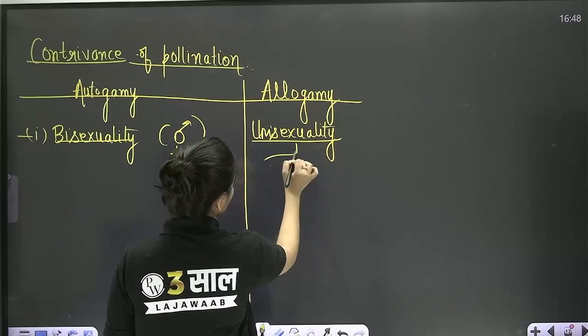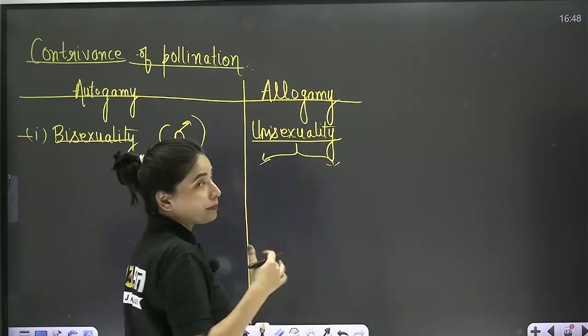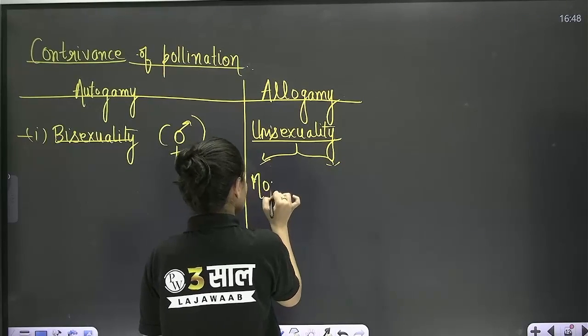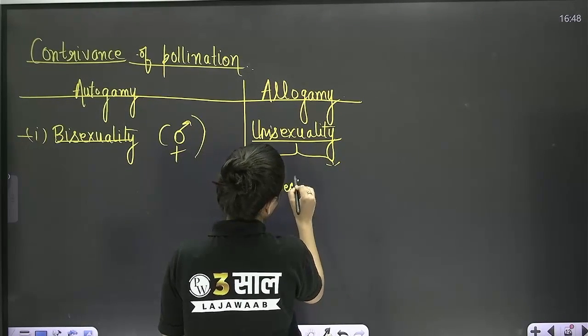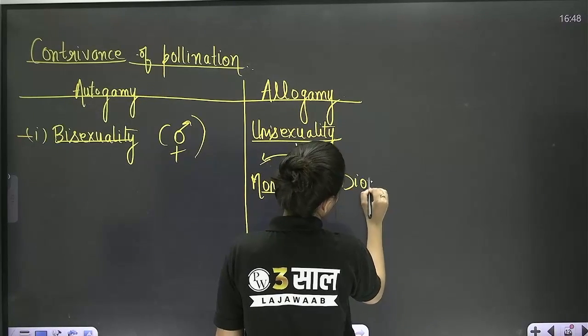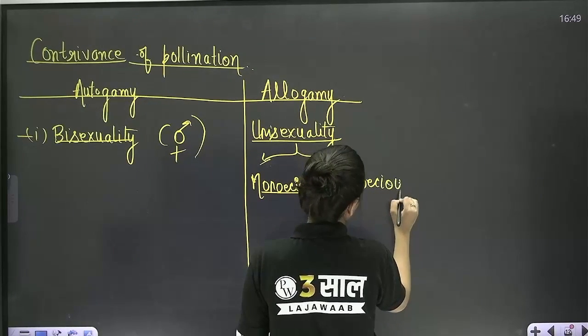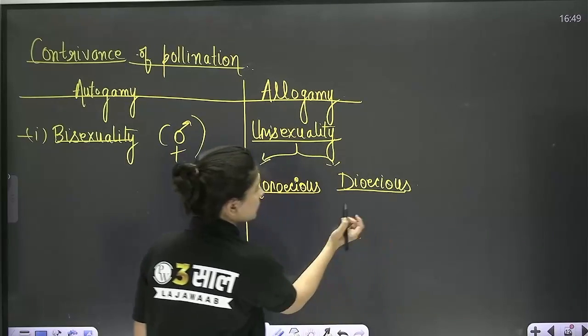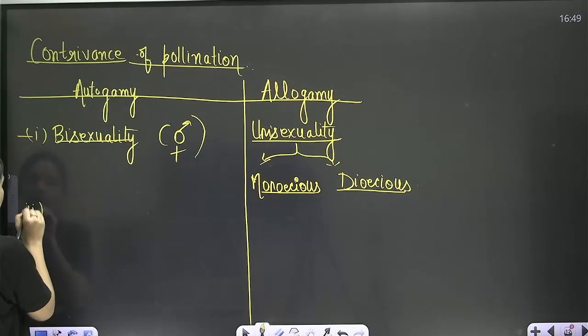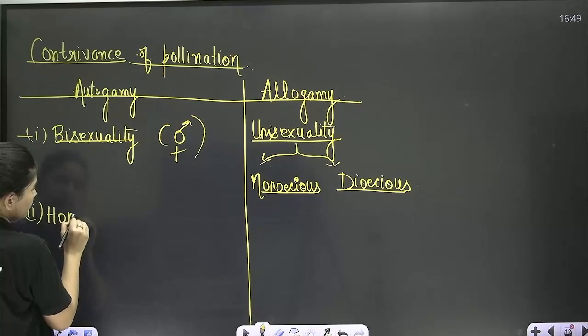Right? Now, the flower should be either monoecious or dioecious. Correct? Yes. Second is homogamy.